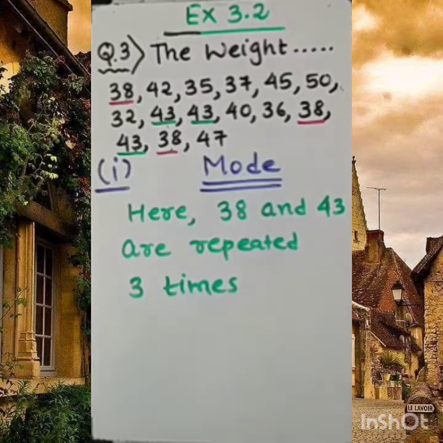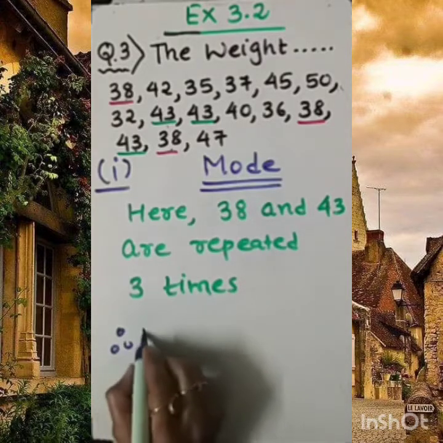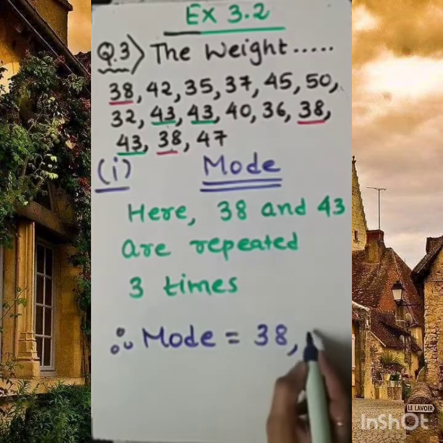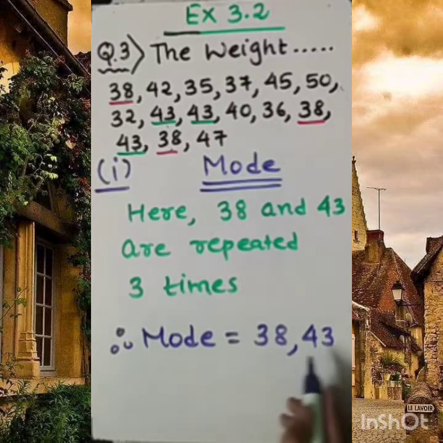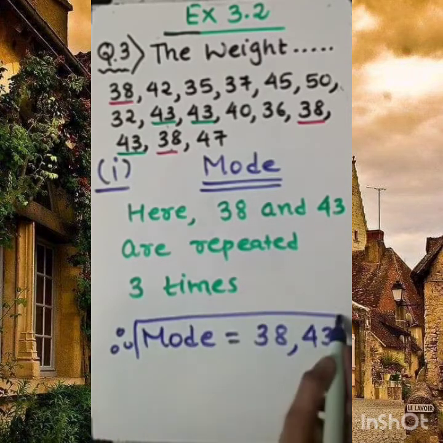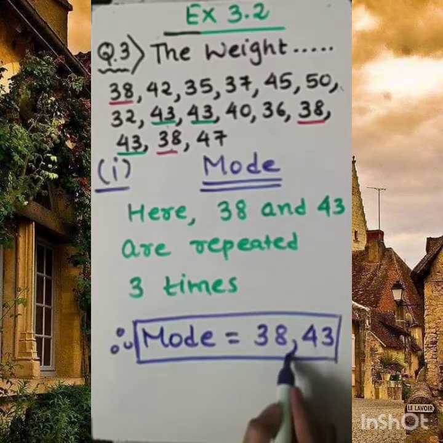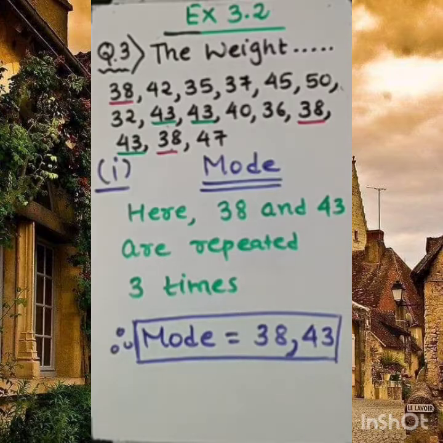Therefore, the mode of the given observation is 38 and 43. As I told you, an observation can have more than one mode. Here 2 modes are there as a result. They are 38 and 43. This is question number 1.